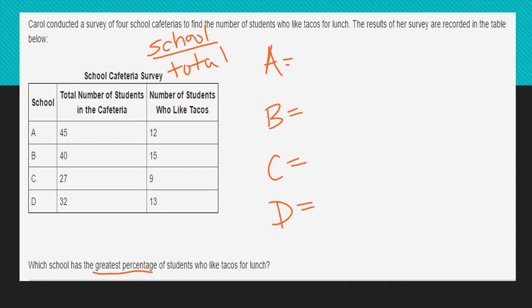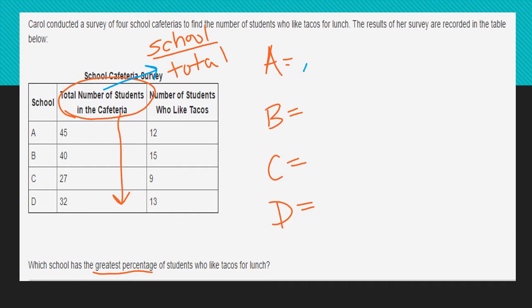In each row, the total number of students is listed first. So these numbers in this column should be your denominator, the number on the bottom.